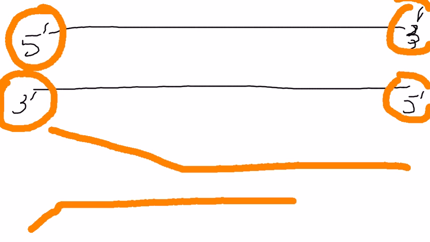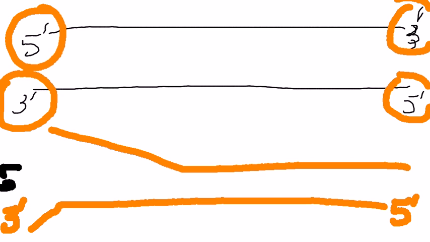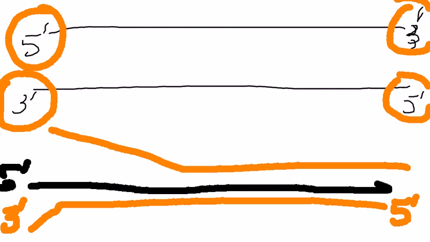Now, one strand, your 3' to 5' strand, is going to be read continuously. So DNA in transcription is read in the 3' to 5' direction, but it's transcribed in the 5' to 3' direction continuously.